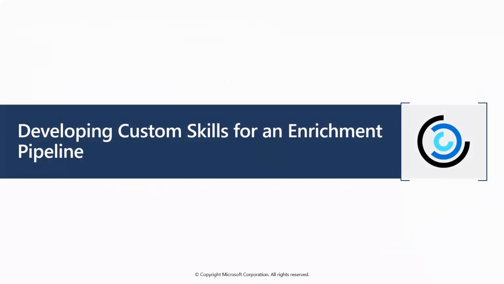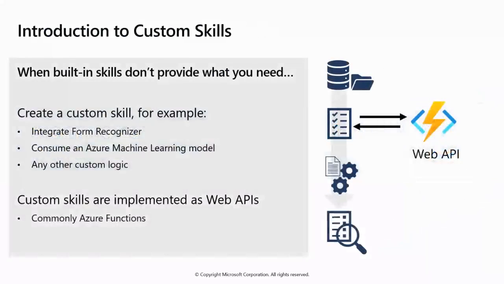Okay, let's talk about developing custom skills for an enrichment pipeline. Now, we can utilize Azure Cognitive Search predefined skills to considerably improve an index by extracting more information from the source data.